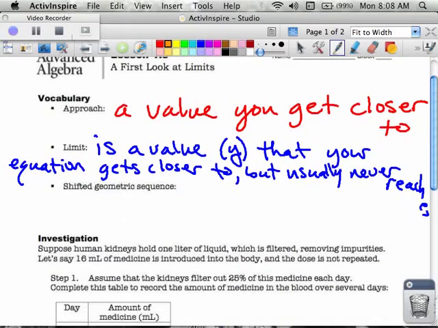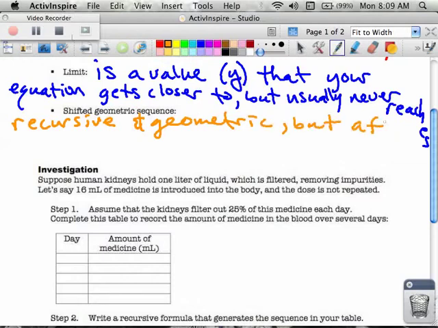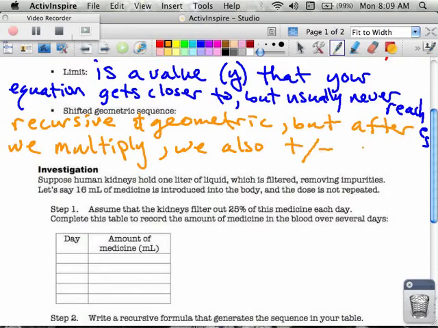A shifted geometric sequence is like our regular geometric sequences. So it's recursive and geometric, but after we multiply, we also add or subtract a number.